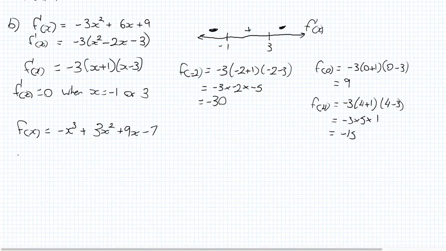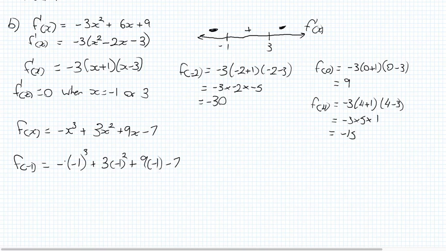Alright, so let's start off with minus 1 and see what f is equal to. f of minus 1 is going to be equal to minus 1 to the power of 3 plus 3 times minus 1 squared plus 9 times minus 1 take 7.